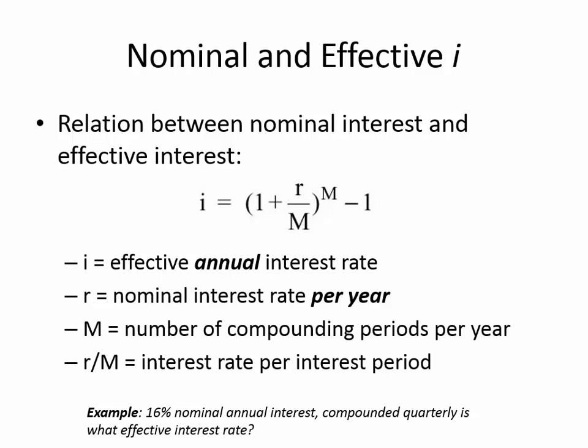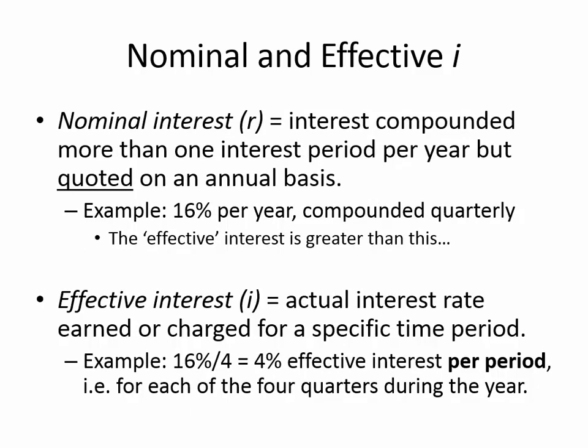Yeah. Sure. The nominal interest is the rate that's quoted on an annual basis. So I guess the way that I'd say it is, let's put the labels on here and then see if we can go backwards and find a good definition. Okay, so this was effective. The 17% was effective, and the 16% was nominal.